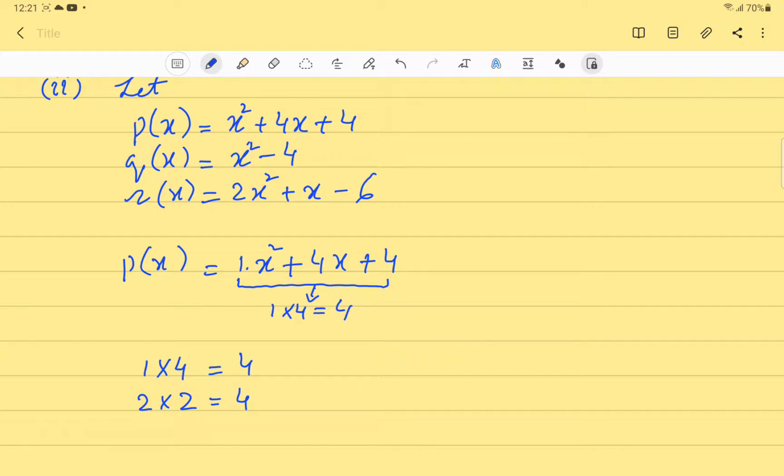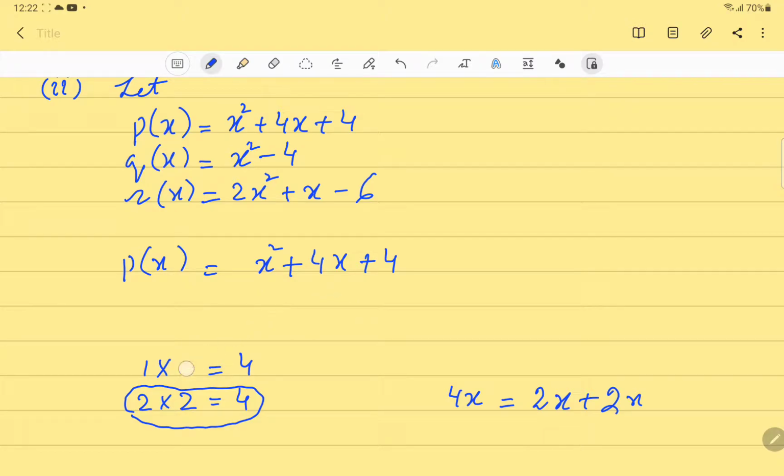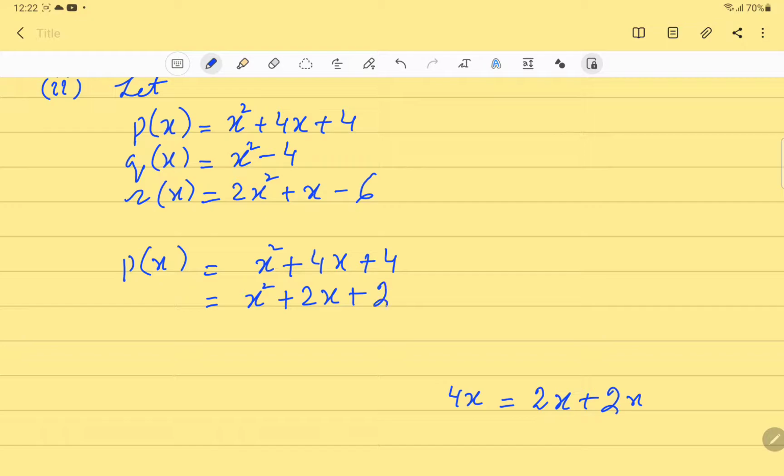So obviously we have this pair of factors which is fulfilling the condition, that is if we add 2 and 2 we get plus 4. So we will be replacing 4x with 2x plus 2x. Okay, let us replace 4x with 2x plus 2x.